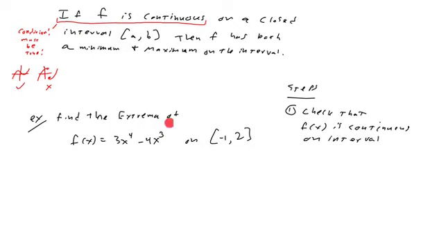Or piecewise functions. If there's some uncertainty about the continuous nature of your function, you have to check it out. But there's no uncertainty here. This is very easy, clear, check, no problem.